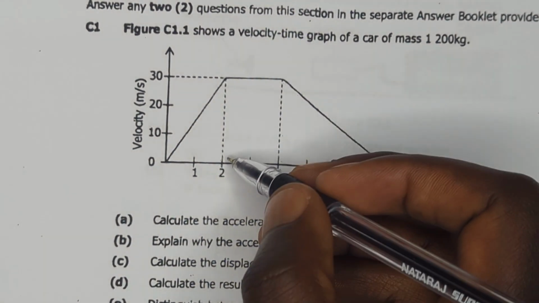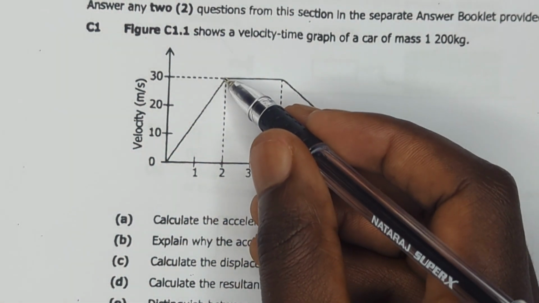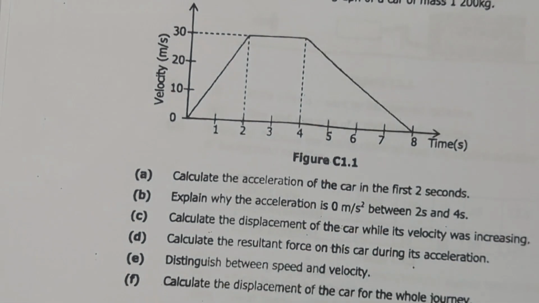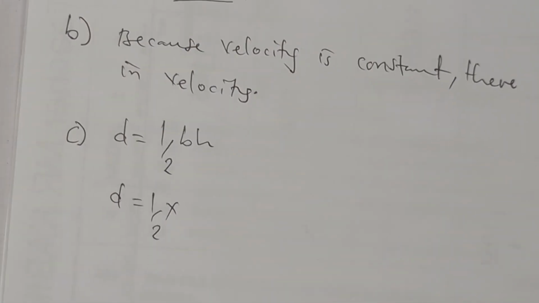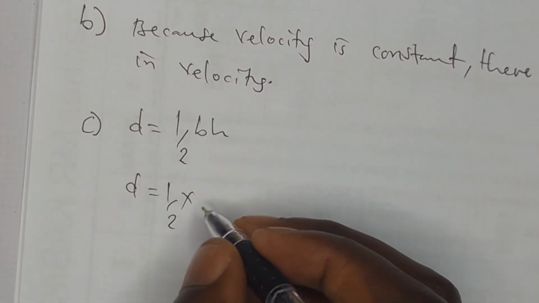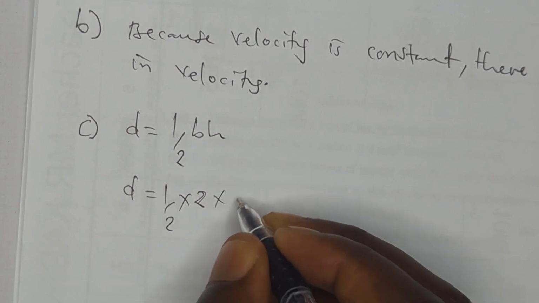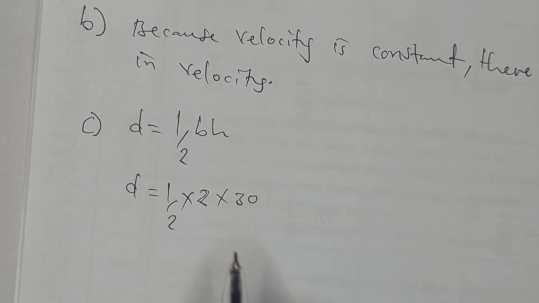And our height, it is the distance from this point to that point, which is 30. So this is 1 over 2 multiplied by 2 multiplied by 30.